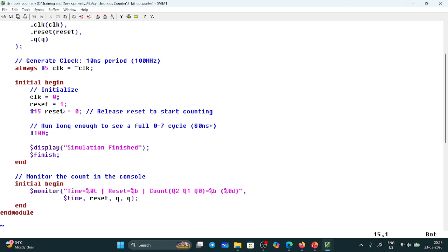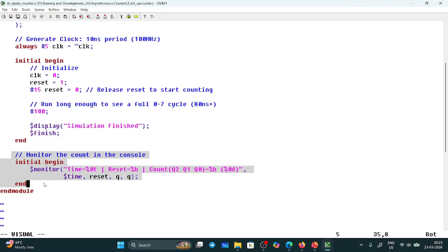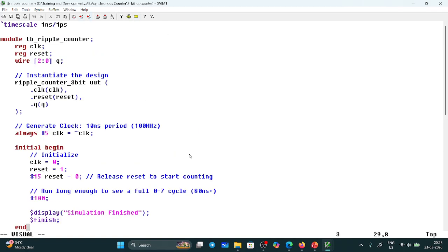I first need to apply the reset. After 15 time units I am deasserting the reset and I need to check for 0 to 7 cycles, which means I need to run for 100 nanoseconds and then $finish. $monitor means if there is any change in the variable, it will display. We can see it in the TCL console. So this is the test bench.